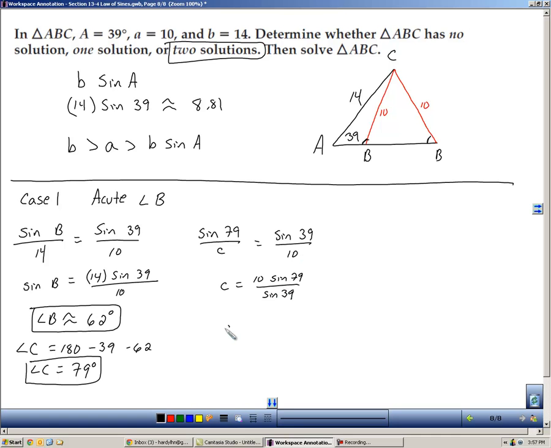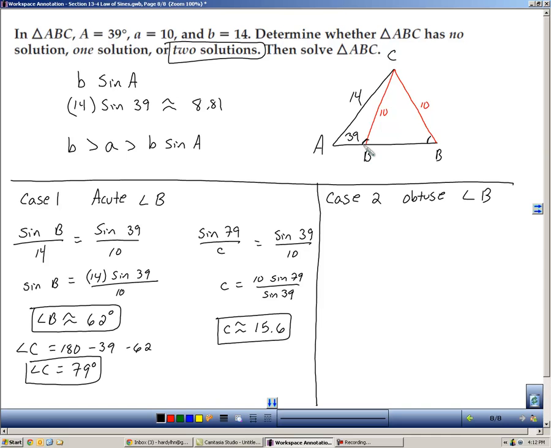Plug all that in your calculator and you get an approximate answer for C of 15.6 units. So that's case one. That's the triangle that you see on the outside, the big triangle with the acute angle B.